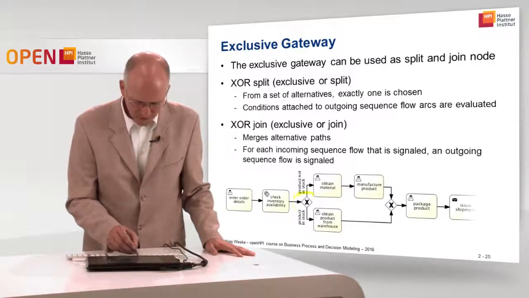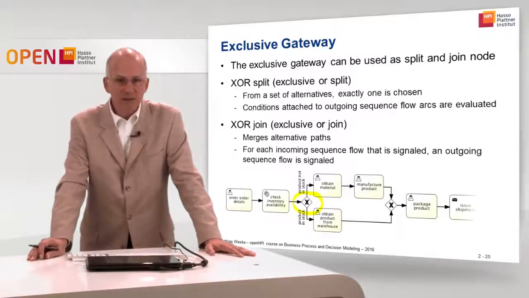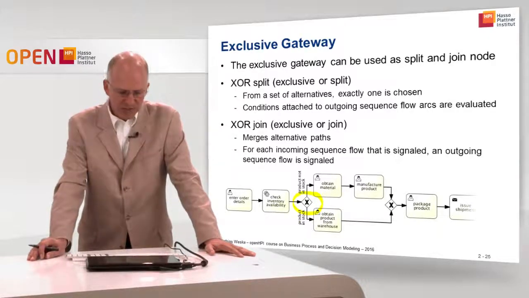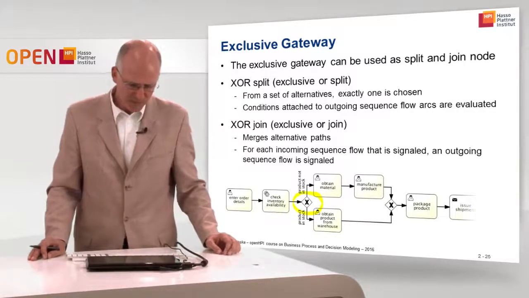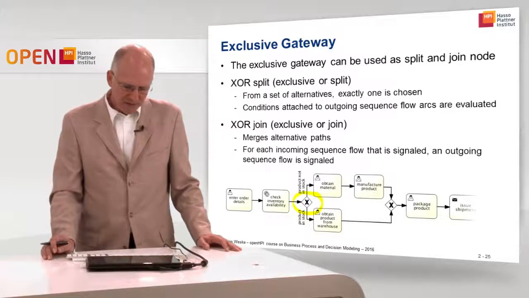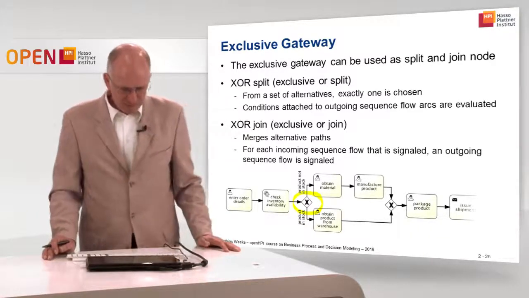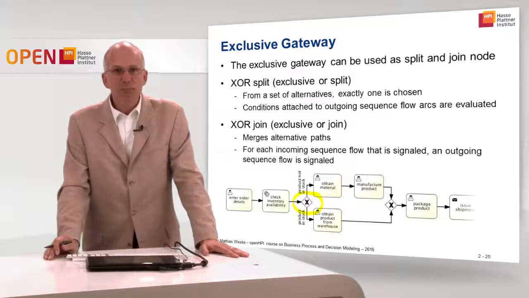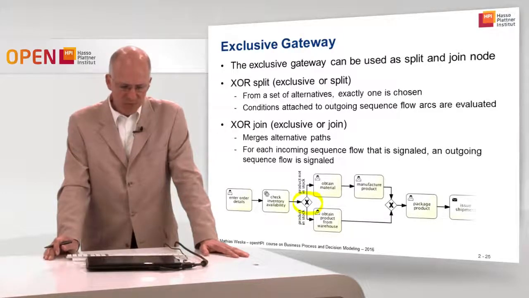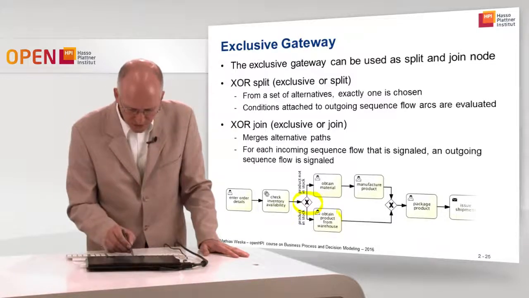Let's look at the example in the lower part of the picture. We have here the XOR gateway, a split gateway with one incoming edge and several outgoing edges, and you see the conditions attached to the outgoing sequence flows: product in stock or product not in stock. After we check the inventory availability, if the product is in stock, we obtain it from the warehouse.